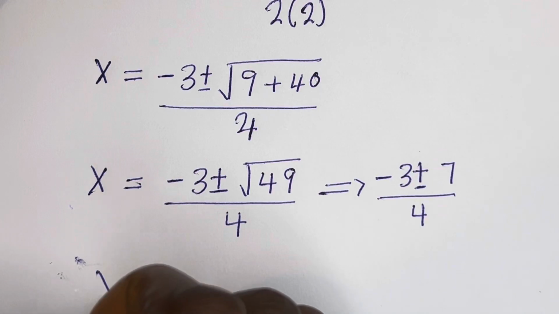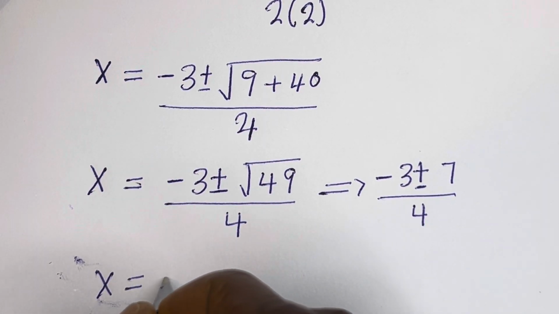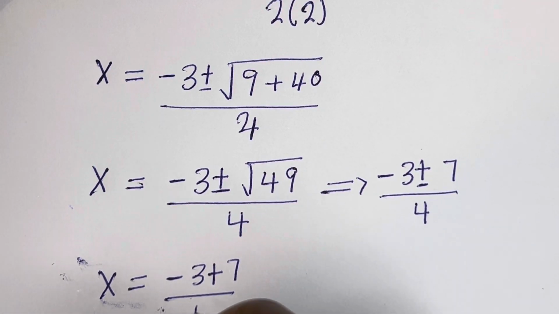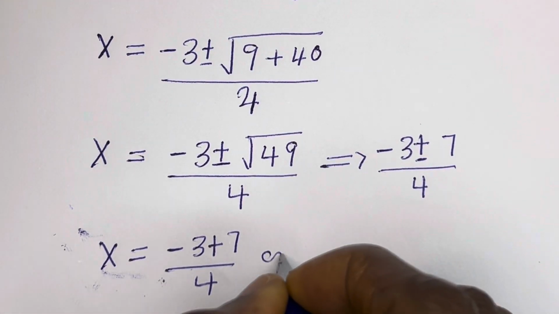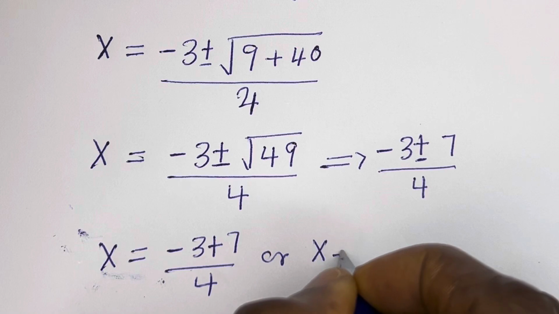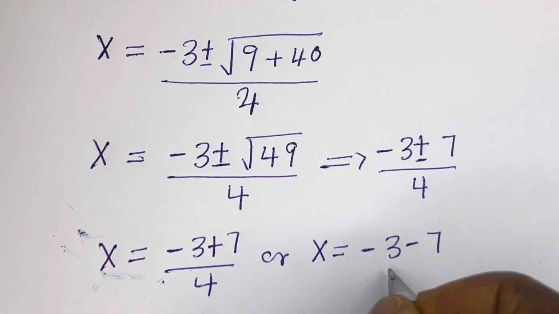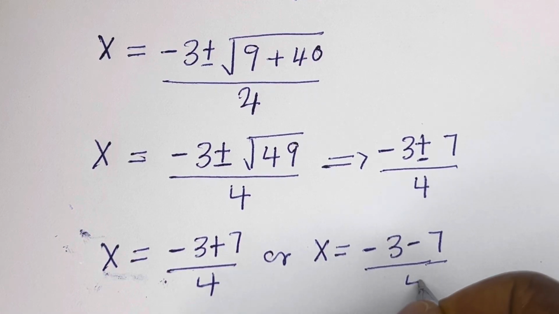Now, s is equal to minus 3 plus 7 divided by 4, or s is equal to minus 3 minus 7 divided by 4.